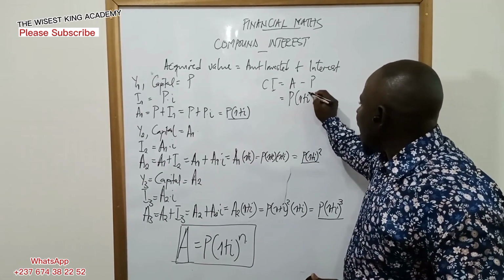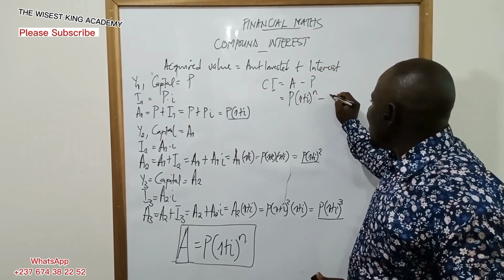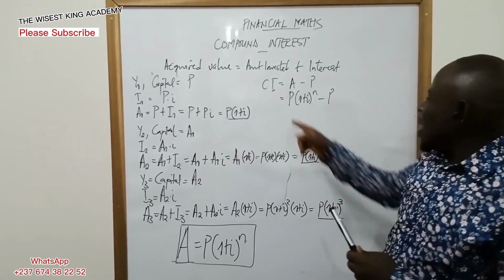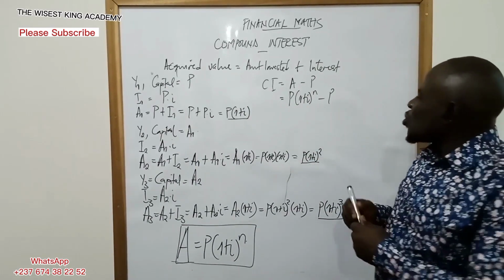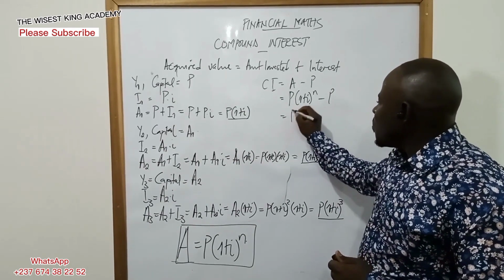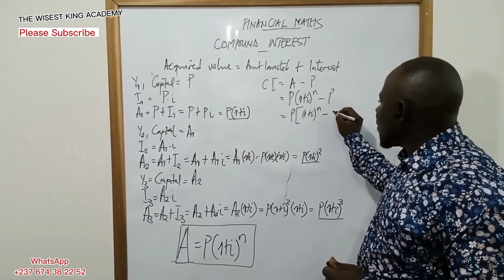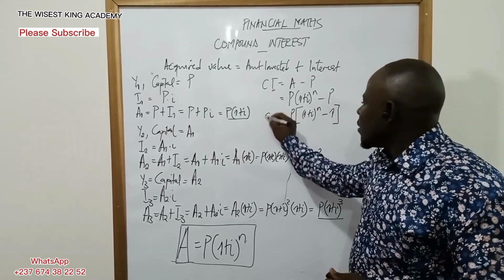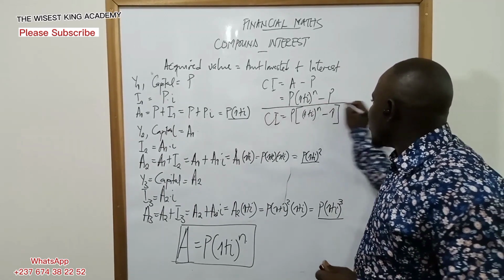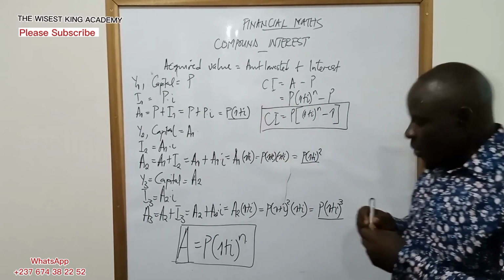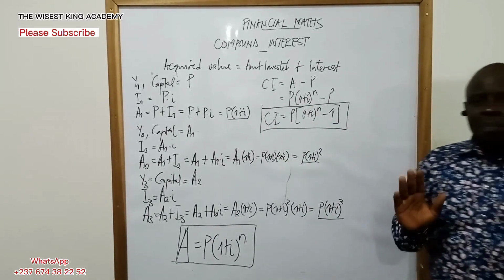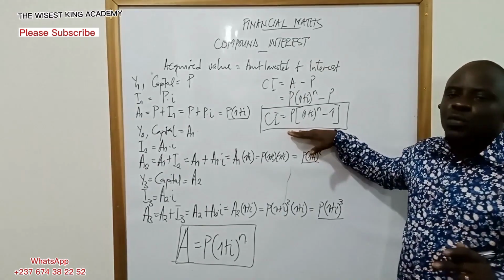into 1 plus I raised to the power n minus P. You can see P common on both sides. So what if I do this? P, I open a big bracket, so I have 1 plus I raised to the power n minus 1. Now that is actually going to be the compound interest. So if you are asked to calculate the compound interest directly, you use this formula.